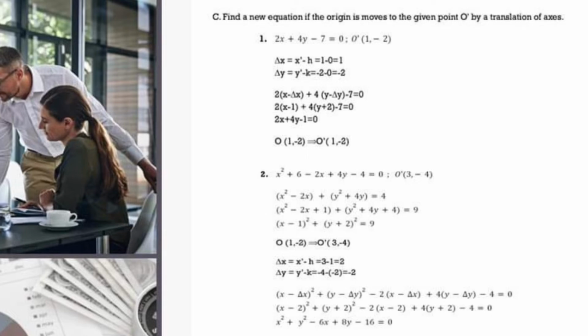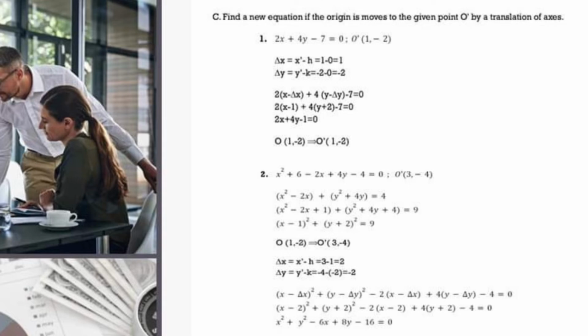And also for delta y, which is y prime minus k, by substituting this, it is equal to negative 2 minus 0 is equal to negative 2. So we have to substitute: 2 quantity x minus delta x plus 4 quantity y minus delta y minus 7 is equal to 0.